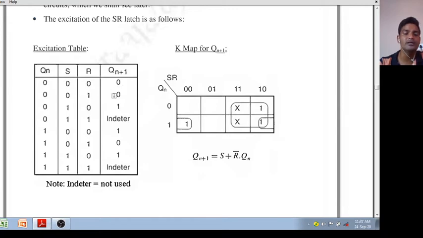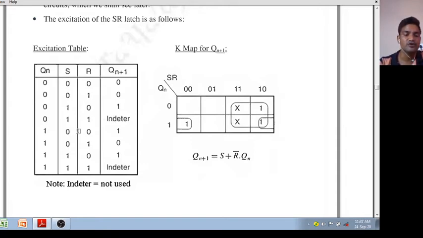So it will be 0. 1 0, when S equal to 1, R equal to 0, this is called your set condition. So it will be 1. When 1 1, indeterminate state. So here we will use X or indeterminate. Indeterminate means X, we don't know whether its value is 0 or 1.